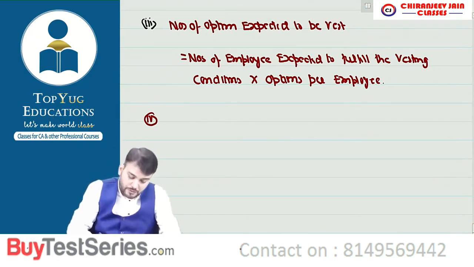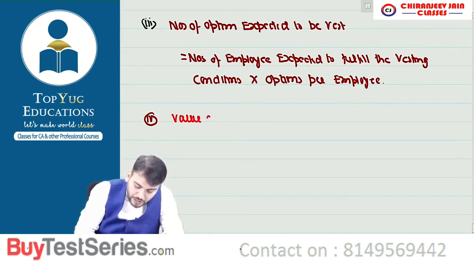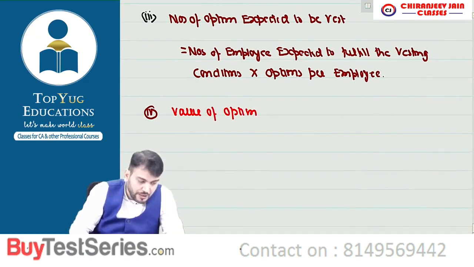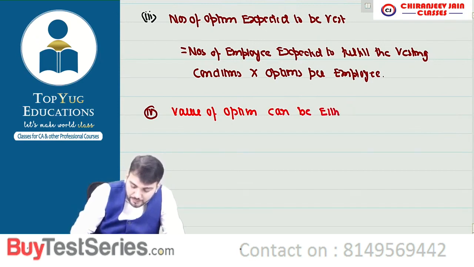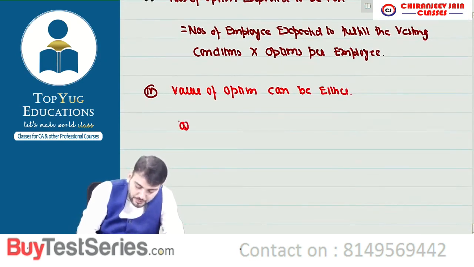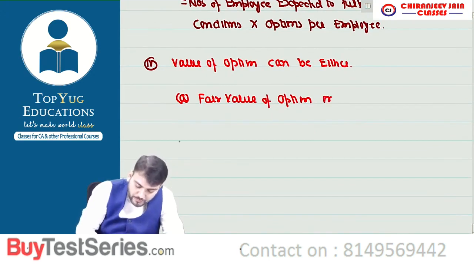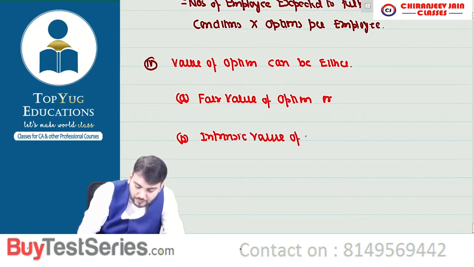Point number 4. Value of options can be either point A, fair value of options, or point B, intrinsic value of options.